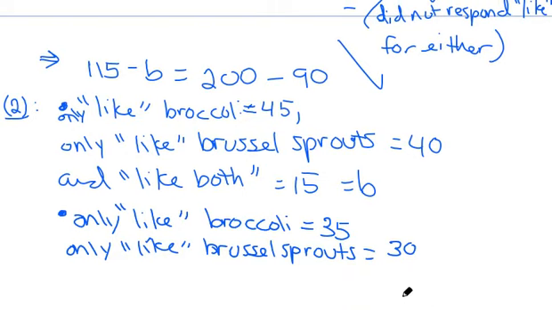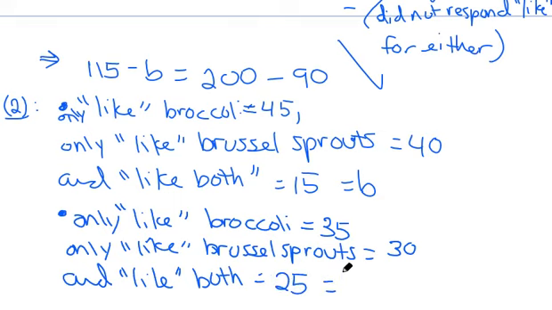And then if those who like both would be 25, that would equal B.